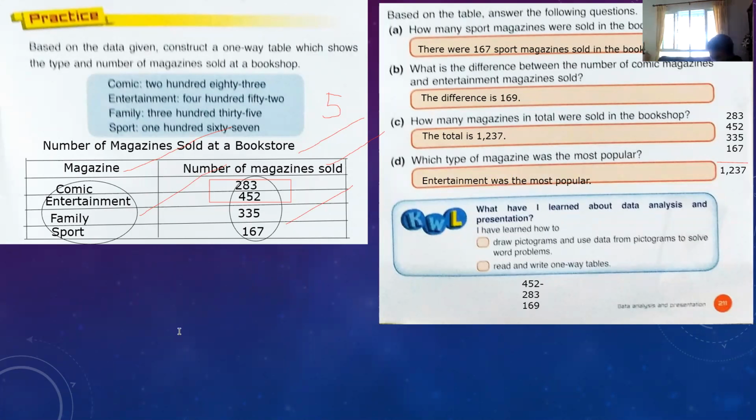Yes. Okay, now you have to tick this one. You have learned how to draw pictograms, right? You tick. And then you have learned also today how to read and write one-way tables, right? You tick. Now you are ready to do our workbook by yourselves. You have to check this one: 1, 2, 3, 4.